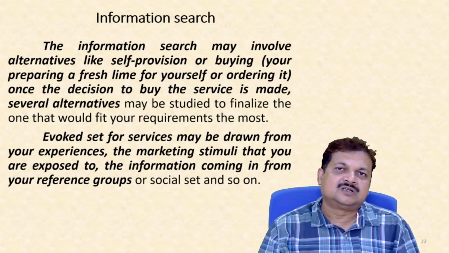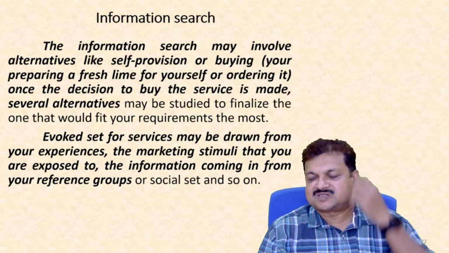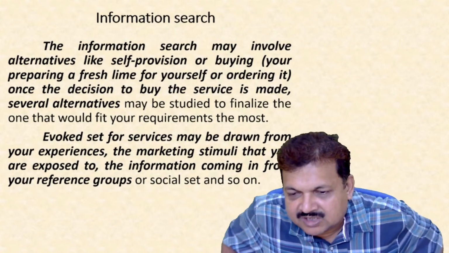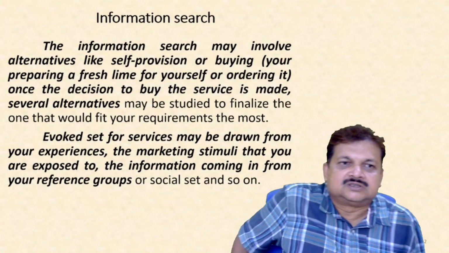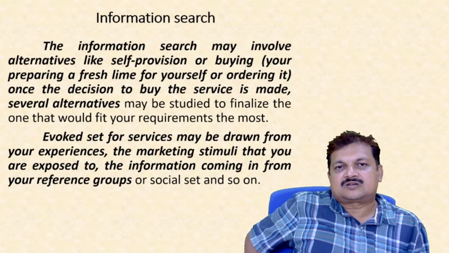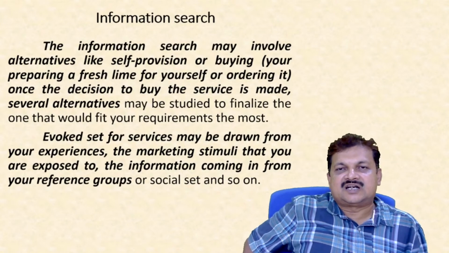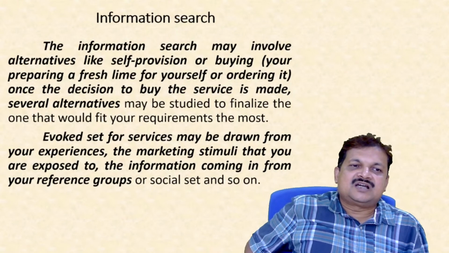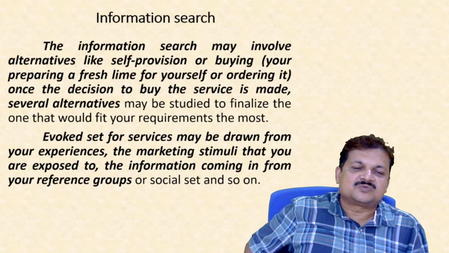You have gone through different experiences, because of which you have tested and used these particular products, you have knowledge regarding that product, or you have had that kind of experience earlier. There are also the marketing stimuli that you are exposed to, and information coming in the form of reference groups.